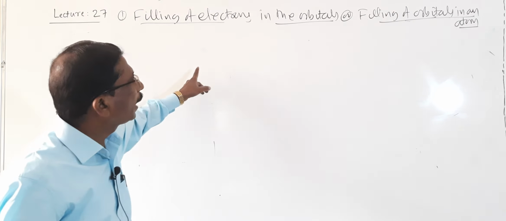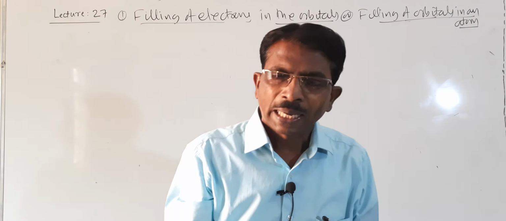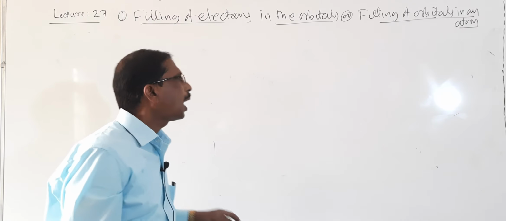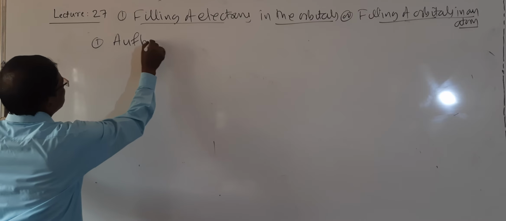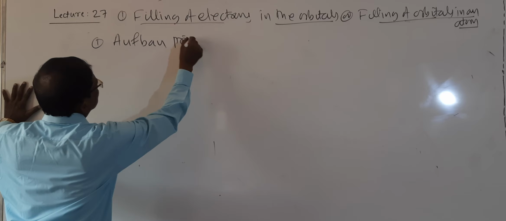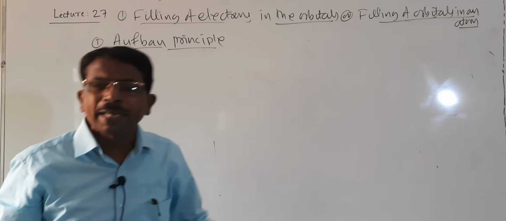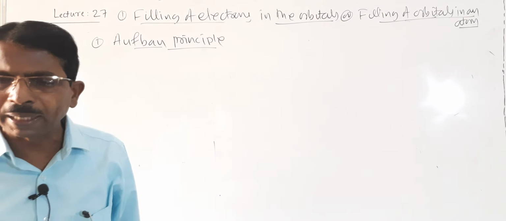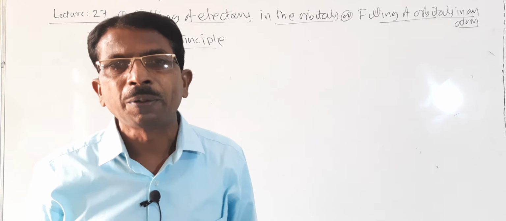Remember, the filling of electrons into the orbitals of different atoms is mainly based on the Aufbau principle, and this Aufbau principle is mainly based on Pauli's exclusion principle and Hund's rule.